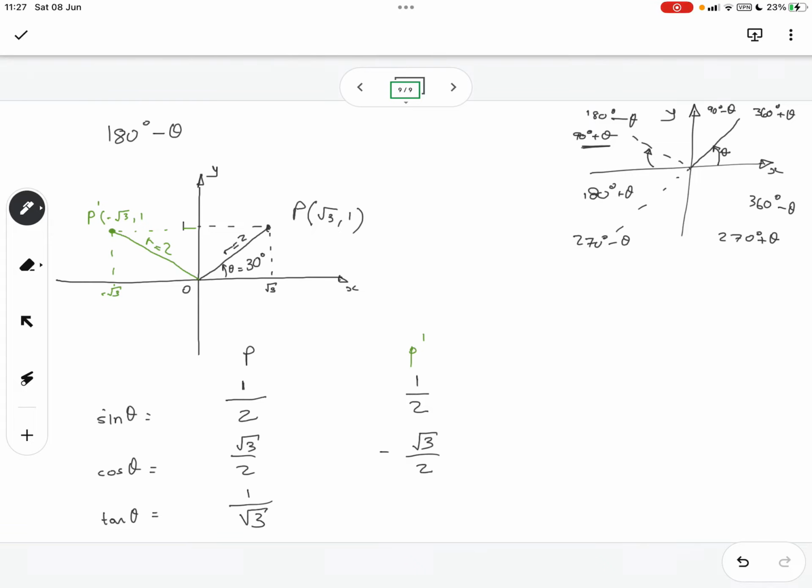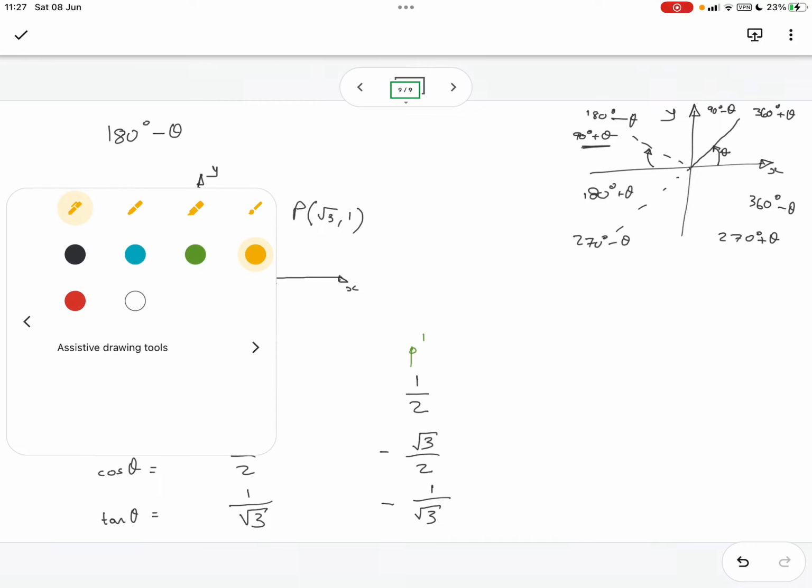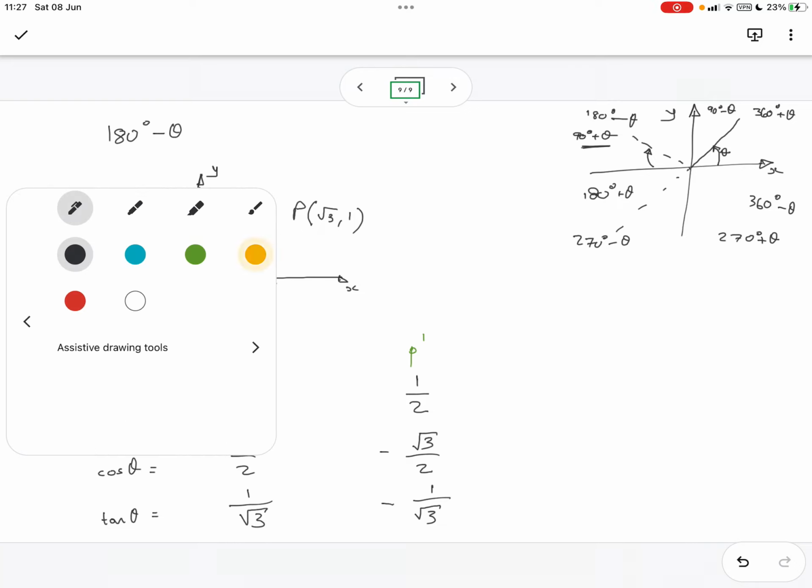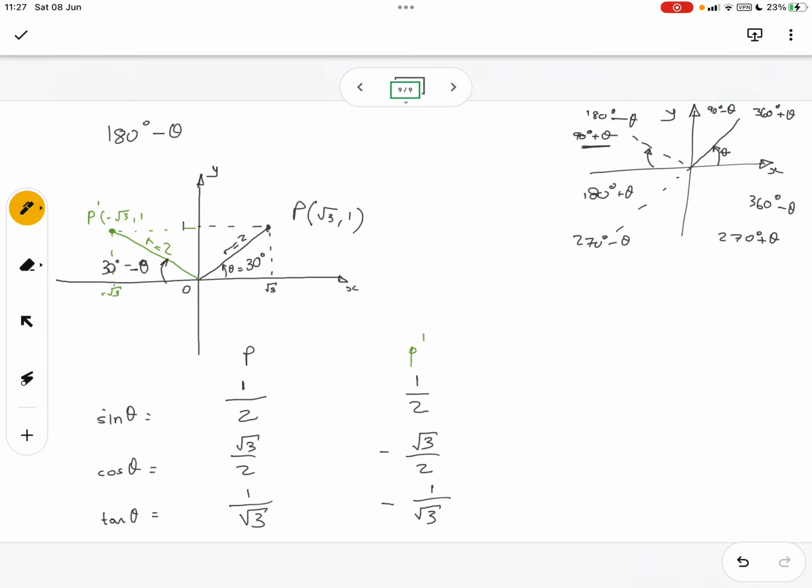If you look at cos, it's going to be square root of 3 over 2. But this side is going to be negative square root of 3 over 2. And if you look at tan, it's going to be opposite, which is 1, over adjacent, which is square root of 3. And this side is going to be 1 over negative square root of 3. Now, if we look also at the following angle here, we know that this angle measures 30 degrees, right?